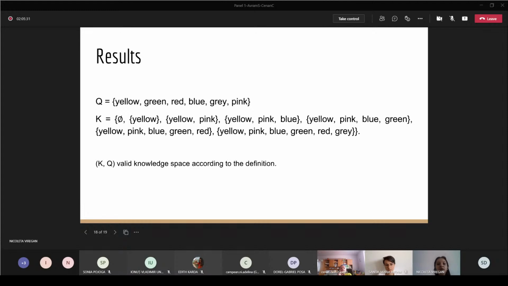Therefore, we can use this knowledge space to improve our testing approach, because we can reduce the number of questions using only this order of components. This is it. Thank you.